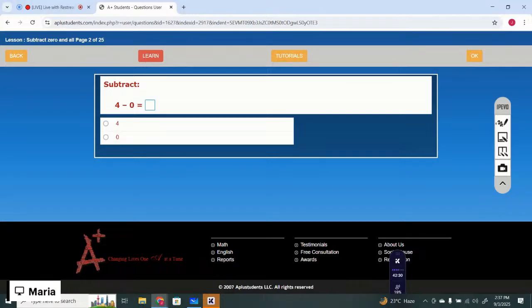Yes, 4 it is. 4 take away 0 is 4. Option number 1 is the correct option. So 4 take away 0 is 4.